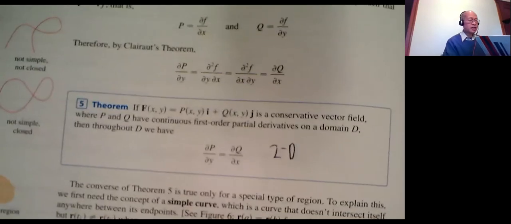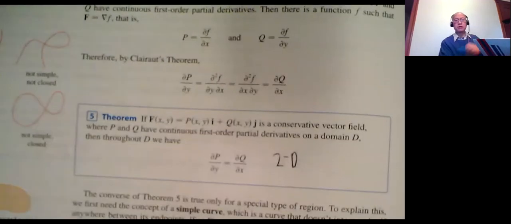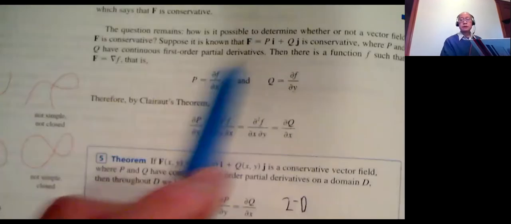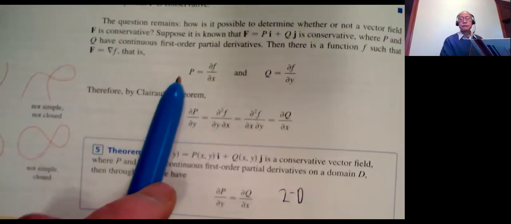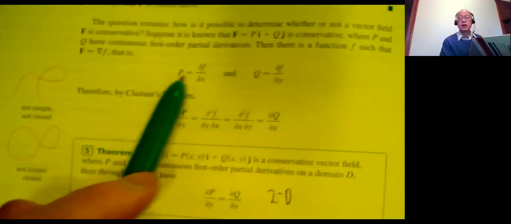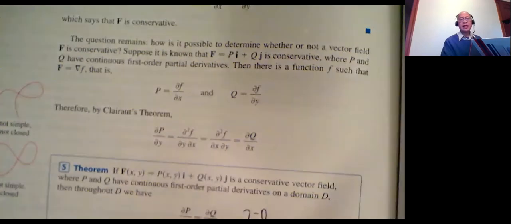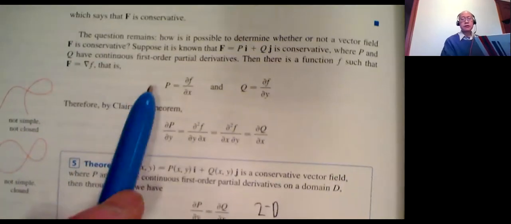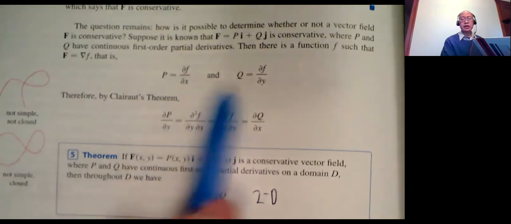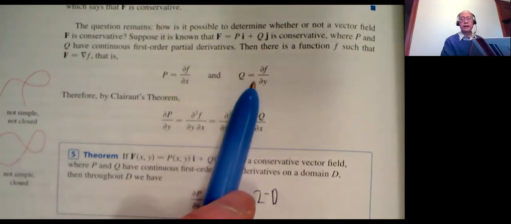Okay, the explanation is actually quite easy based on Clairaut's theorem. If you can find this anti-gradient, little f, then P would be the partial of f with respect to x, and Q is the partial of f with respect to y.